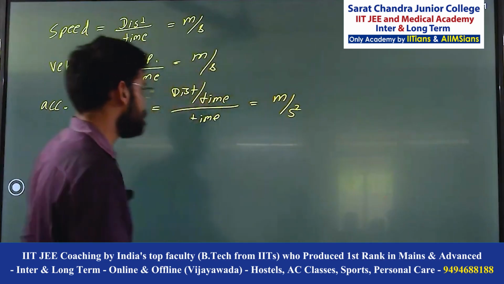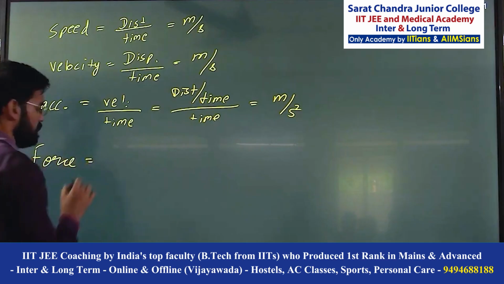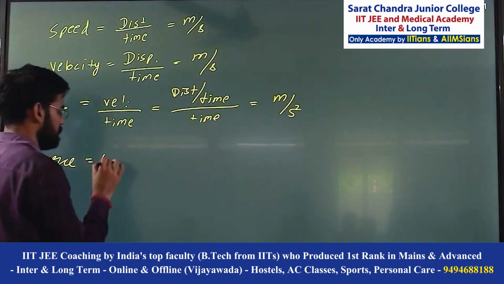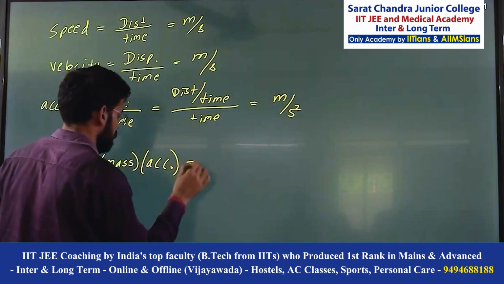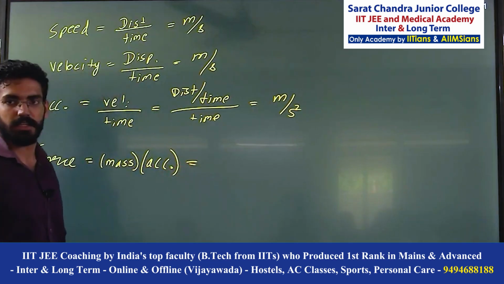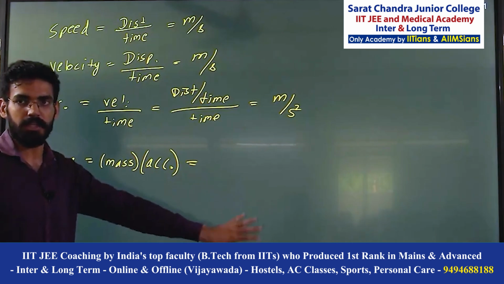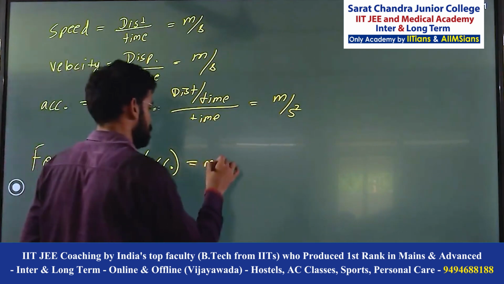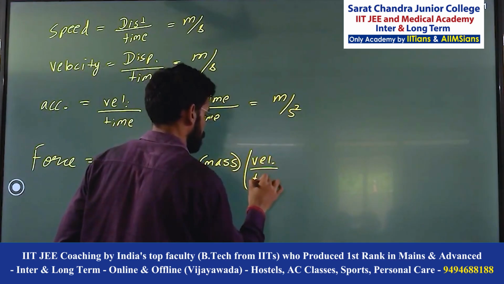Let's say we take a bigger example, force. Force I can write as mass into acceleration. Now mass I know is kg, but acceleration I don't know, so I will simplify it as velocity per unit time. Then I get mass into velocity per unit time.